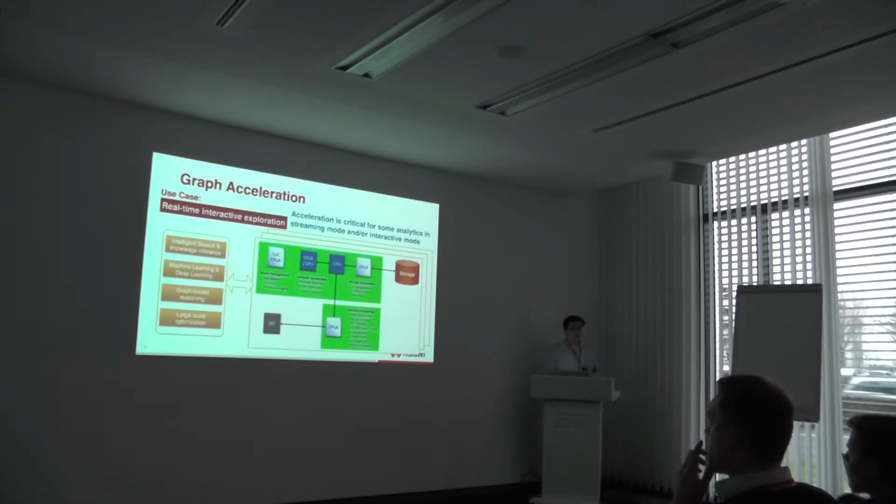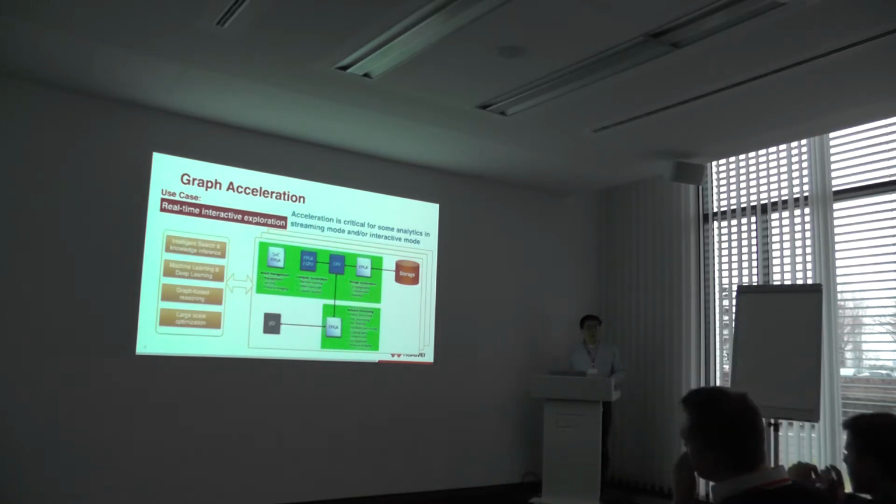And last, for graph, it's useful and expressive, but the performance is typically not good. I think it's not something wrong with the graph, I think it's something wrong with the computer architecture today. It's not really designed for graph-like data access patterns.